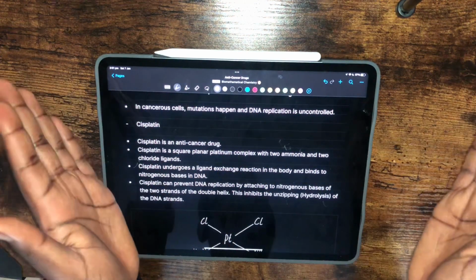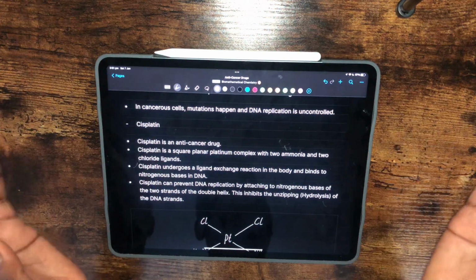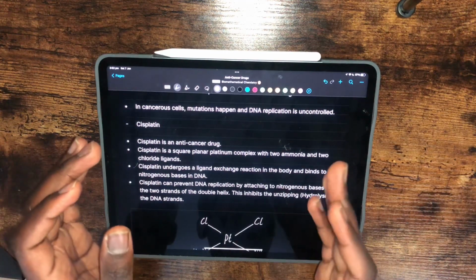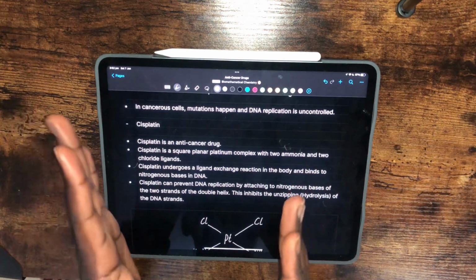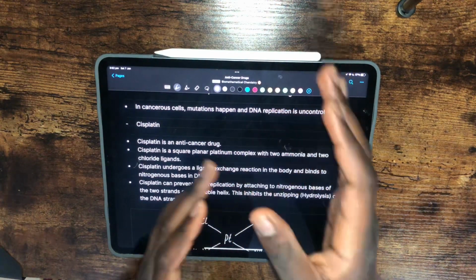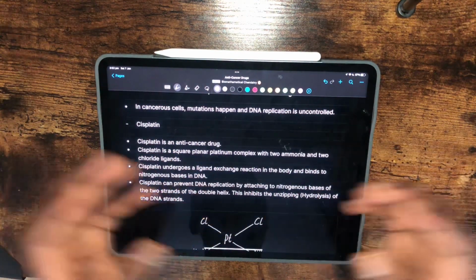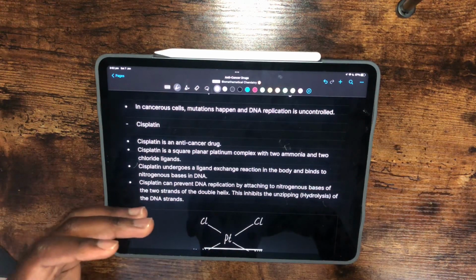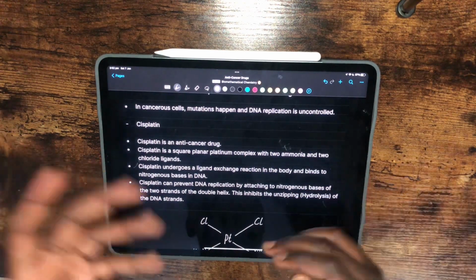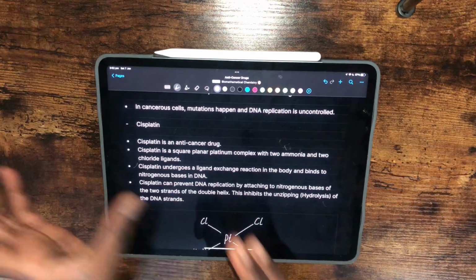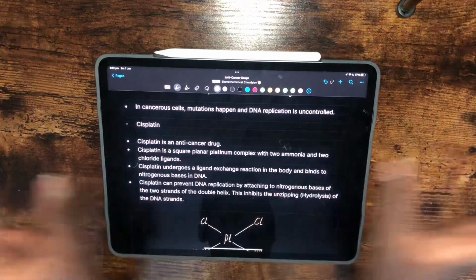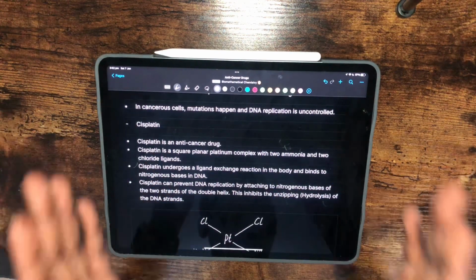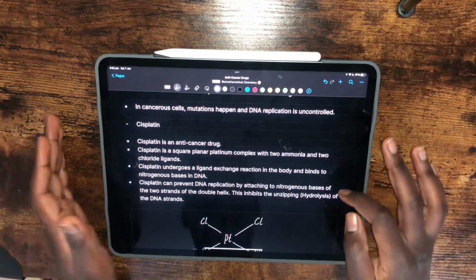They can't separate because cisplatin has prevented DNA helicase from hydrolyzing all the bonds. And if that happens, they can't go through semi-conservative replication, and therefore mitosis can't occur because you don't have two separate strands of DNA that will go to either side of the poles and then get split.